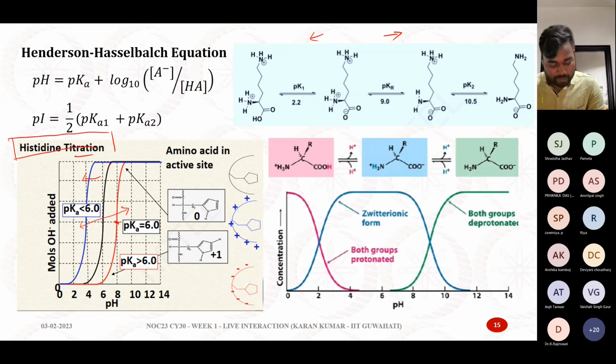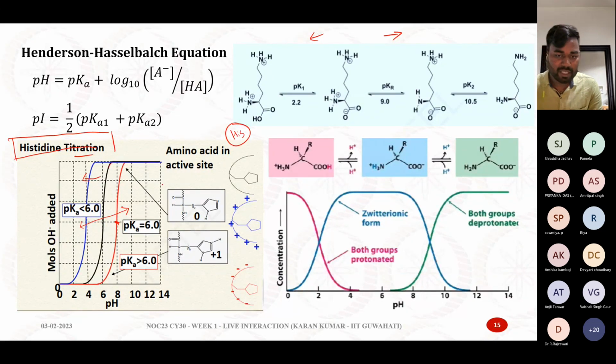Thereby, you will see the histidine amino acid in most of the active sites. Once you go further and study protein biochemistry and enzyme kinetics and other subjects, and if you are doing a docking kind of study, molecular docking, GROMACS, you will see that in most of the catalytic sites, histidine amino acid will be present.